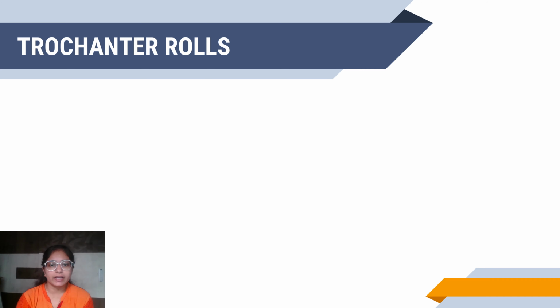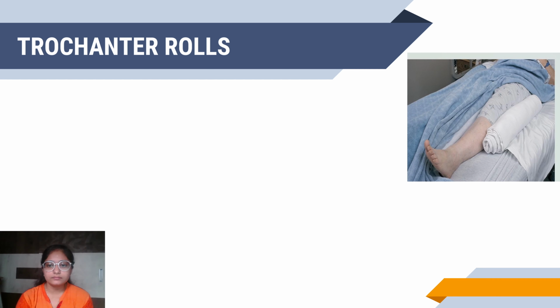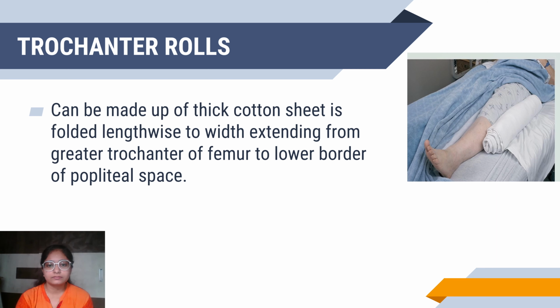Next is trochanter rolls. This is the picture of trochanter rolls. Trochanter rolls can be made from a thick cotton sheet folded lengthwise, extending from the greater trochanter of the femur, as seen in the picture, up to the popliteal space.